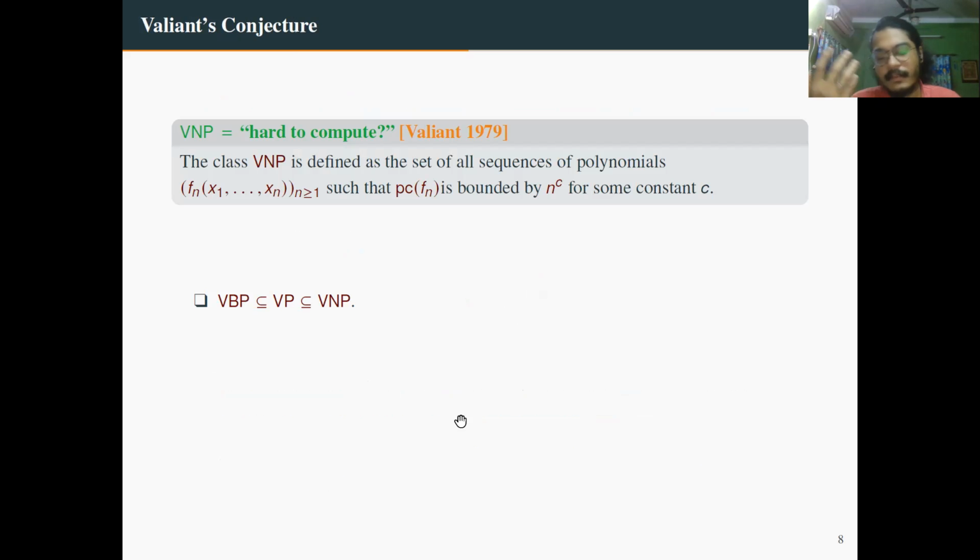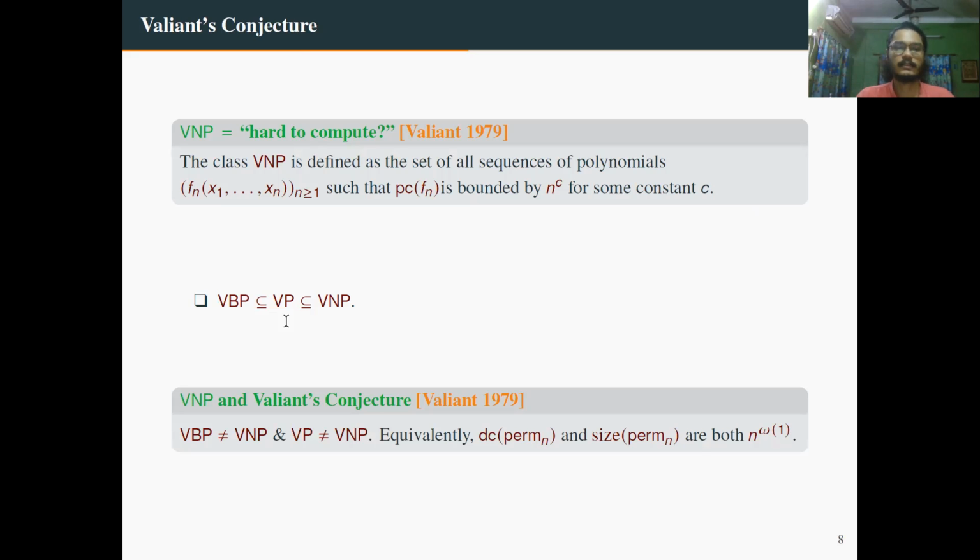It is not hard to show that VP is inside VNP. Then we have the following sequence of inclusions: VVP is inside VP inside VNP. Of course, the conjecture is that VVP not equal to VNP and VP not equal to VNP. Equivalently, determinant complexity and algebraic circuits computing the permanent should both be super polynomial. In fact, it is conjectured to be exponential, but we are fine if we can prove a super polynomial lower bound.